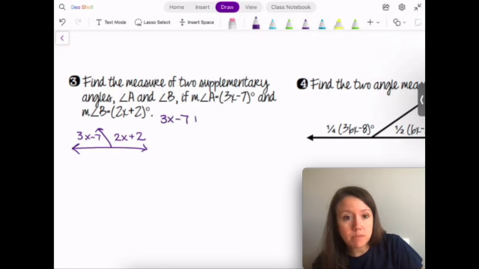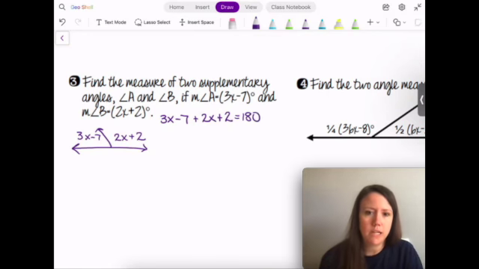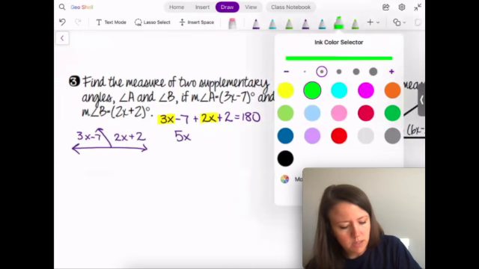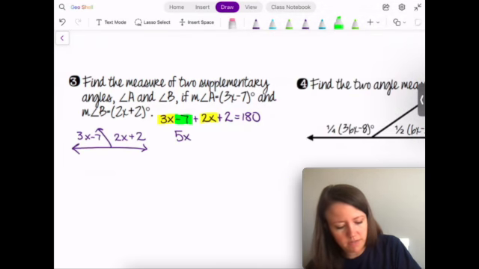So 3x minus 7 plus 2x plus 2 equals 180, because again, together they equal 180. Combining like terms gives me 5x minus 5, and that equals 180.